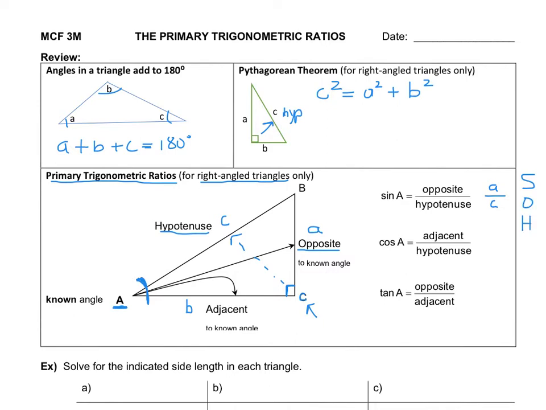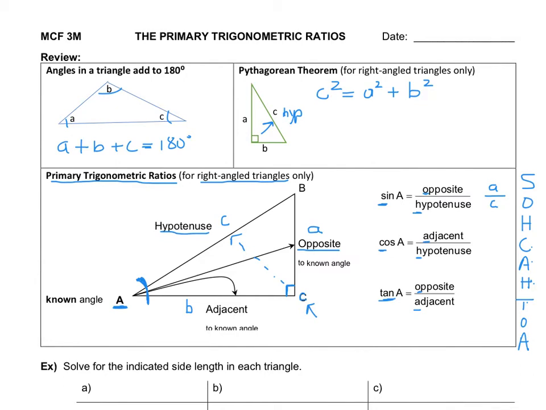It comes from sine is opposite over hypotenuse, cos is adjacent over hypotenuse, and tan is opposite over adjacent. So SOHCAHTOA. That's an acronym that can help you remember this. I also have other things to help you remember if that doesn't work for you, but let me know if that's the case.